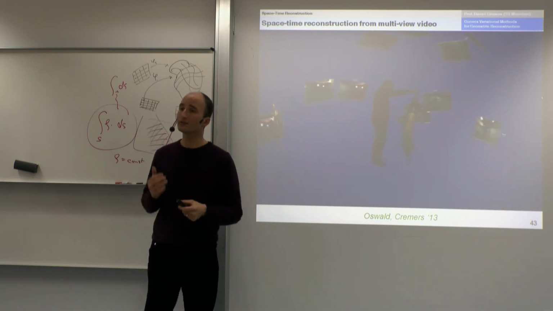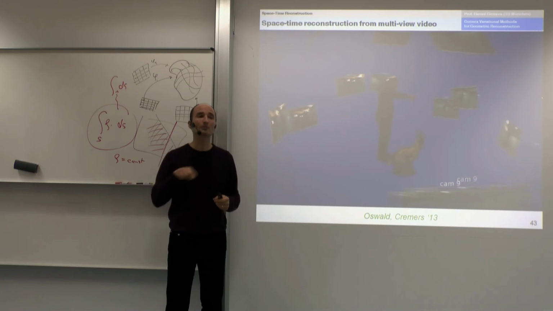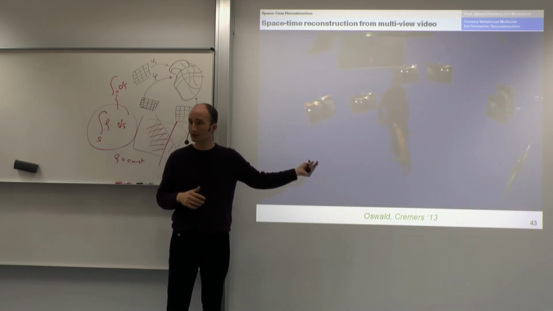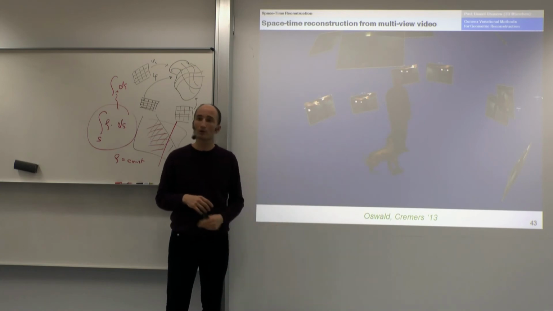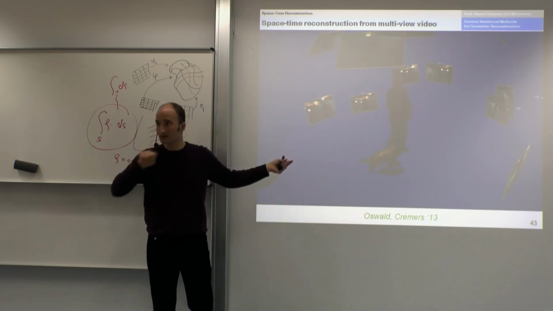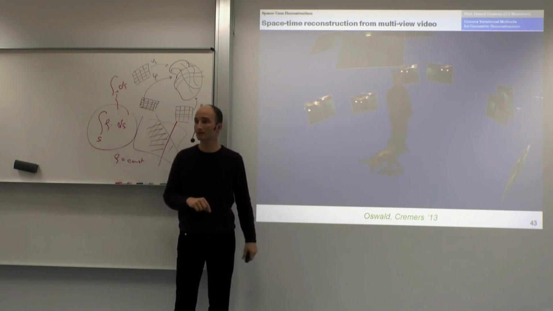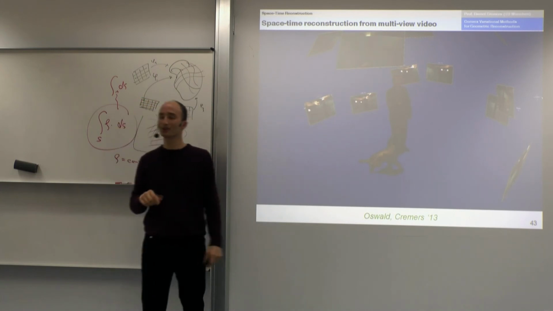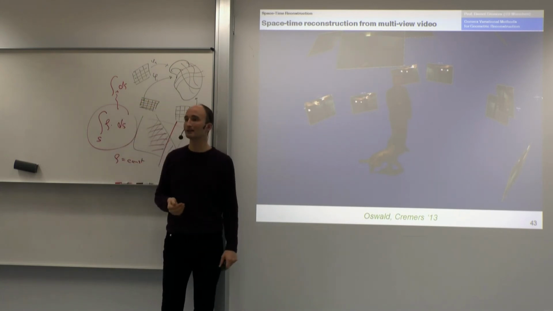And there's a lot of effort that goes into reliably estimating the silhouette. Why? Because you have 16 cameras filming at 30 hertz or so. So you don't want to manually extract the silhouettes for all of these thousands of images. You would spend weeks and weeks manually drawing silhouettes. So you need something that is automatic.